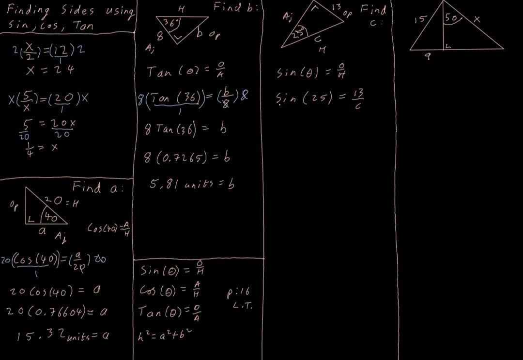Well, it doesn't make any difference. I still want to get rid of the fraction. So I'm going to multiply both sides by the lowest common denominator, which is C. So C divided by C is 1. So I end up with C times sine 25 is equal to 13. Now I want to get C by itself, so I can divide both sides by sine 25.